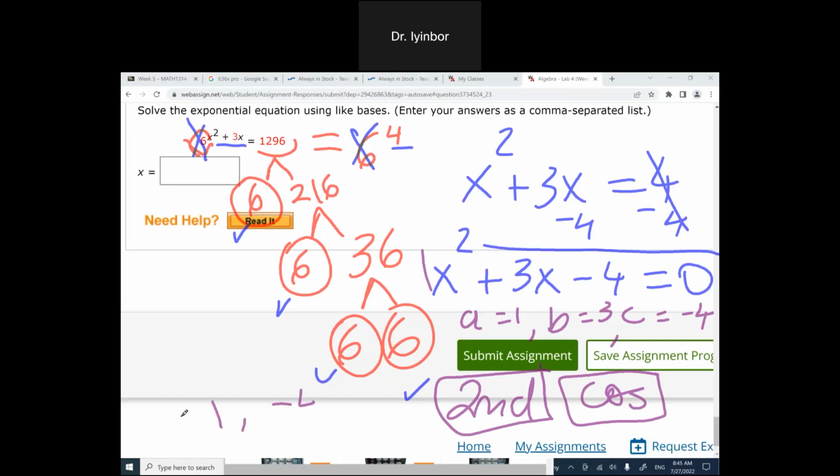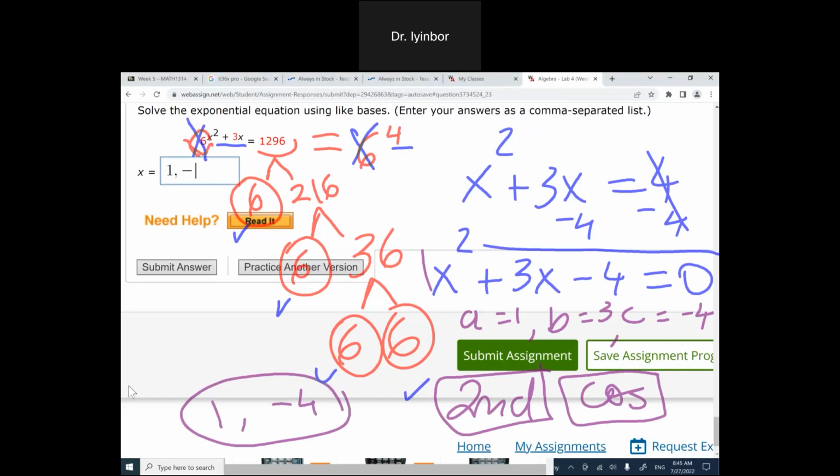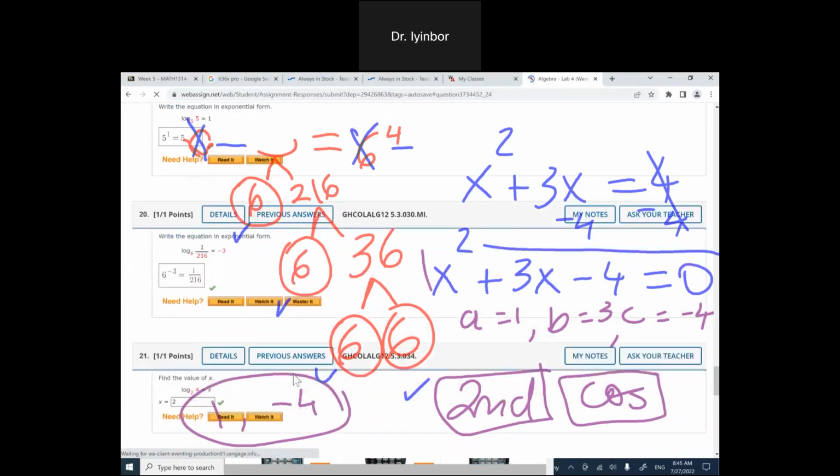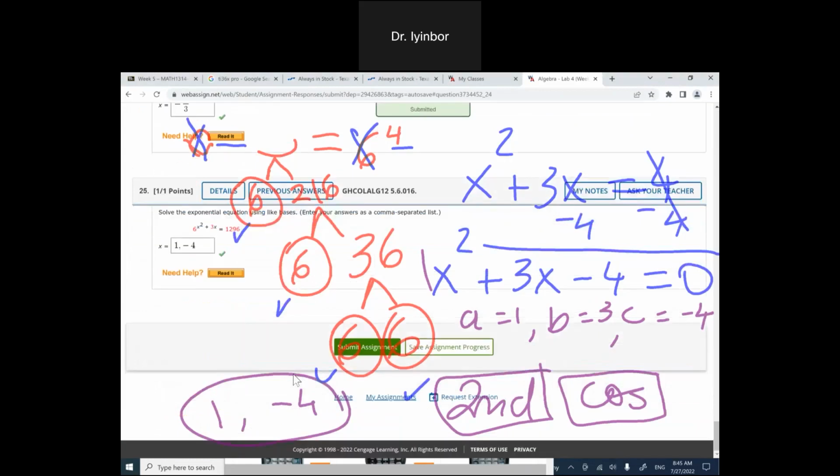So you're going to get two solutions because it's a quadratic, and the answers are 1 and -4, and put them like this in a comma separated list. That's what it says. You have a comma separated list, and you have more than one solution only if it's quadratic. If it's linear, you're going to get only one solution.